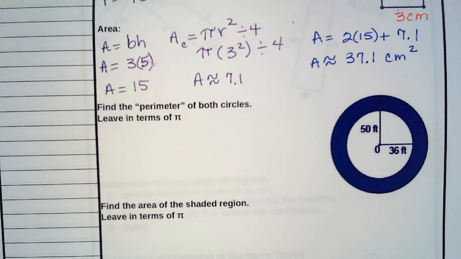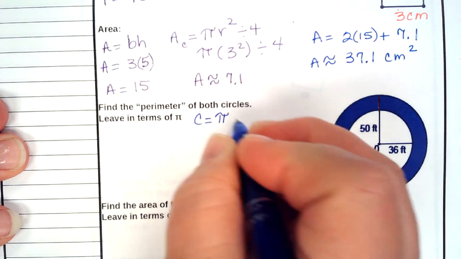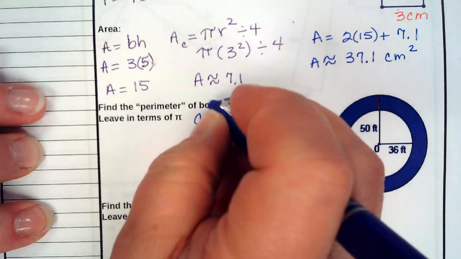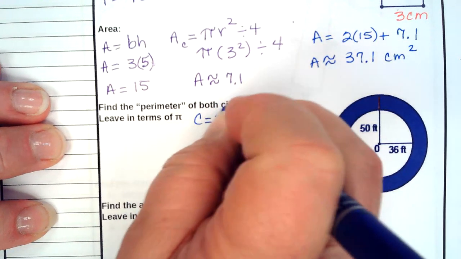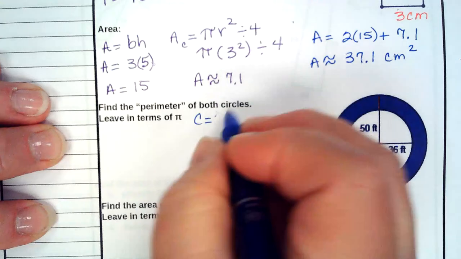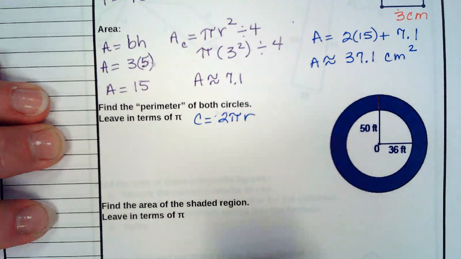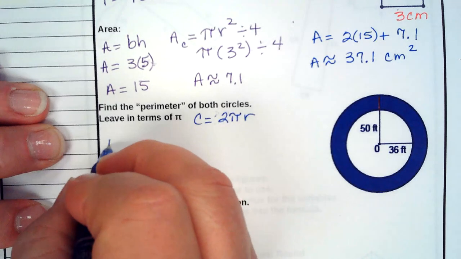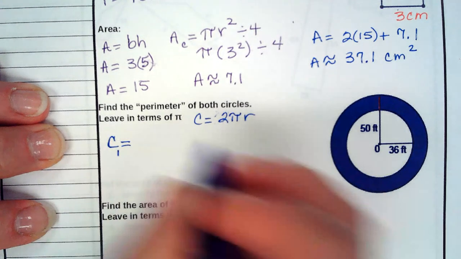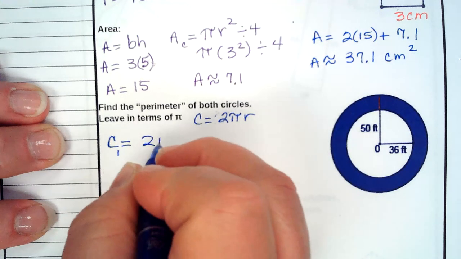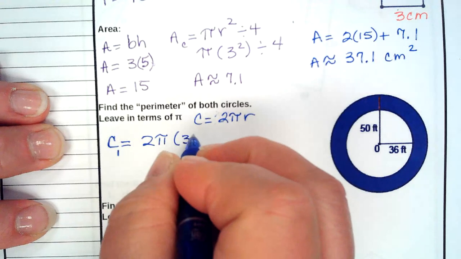So circumference is equal to 2 pi r, or pi d. In this case, we know the radius. So for the first one, it will be 2 times pi times 36.